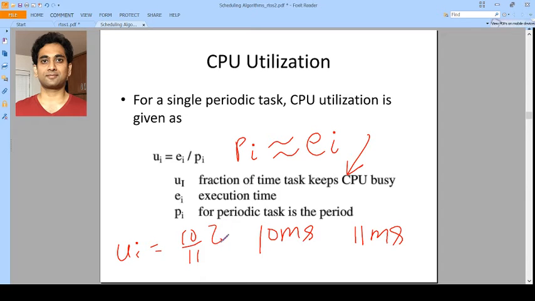We want this number to be as high as possible. And of course, this example and analysis is valid for a single periodic task.